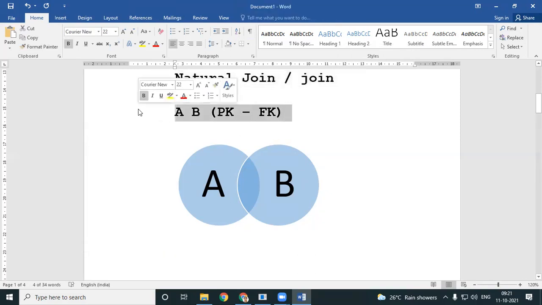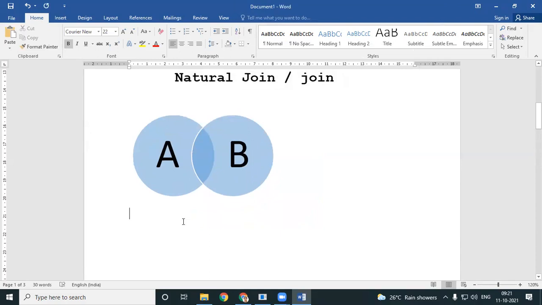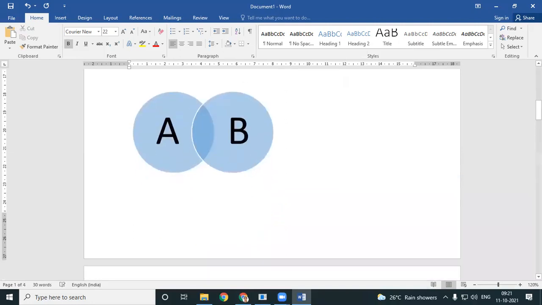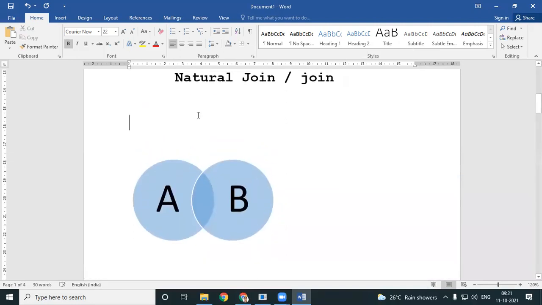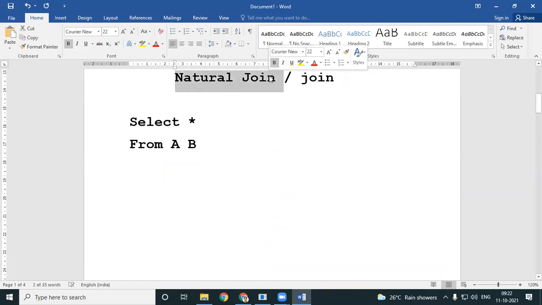Now, let's see how you write it with the help of a query. This is how you write a query. Select, for the time being, star. Select star from A, and B. You are planning to do a natural join between both these tables.